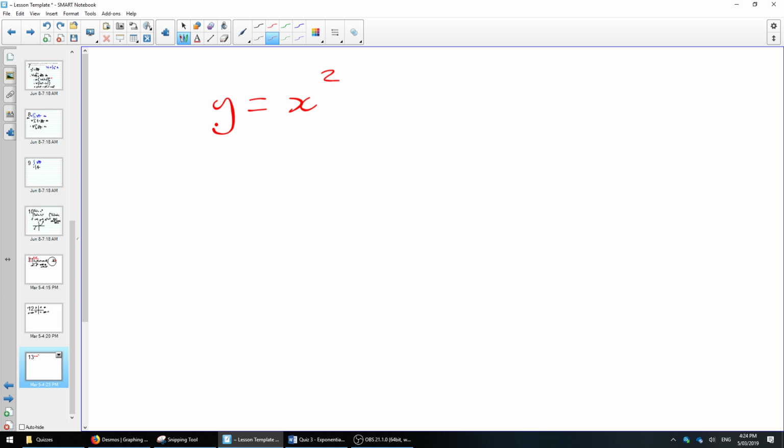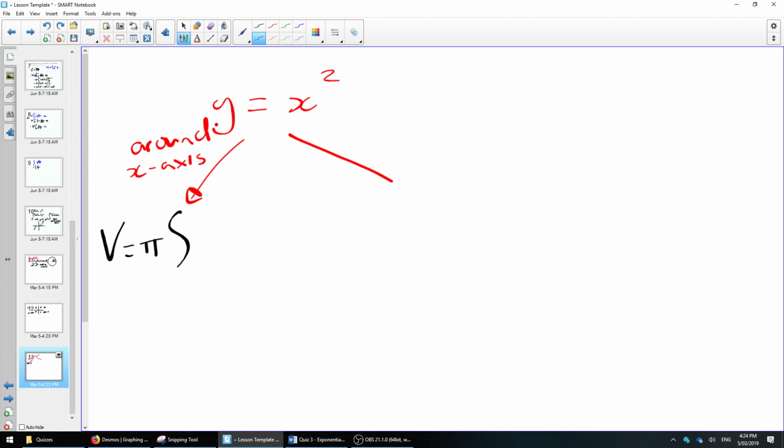But if I wanted to rotate around the x-axis, I would need to find what y squared is. So the volume would equal the integral of y squared, which would be x to the power of 4 dx. The dx is the key thing. If it's around the x-axis, it's dx.